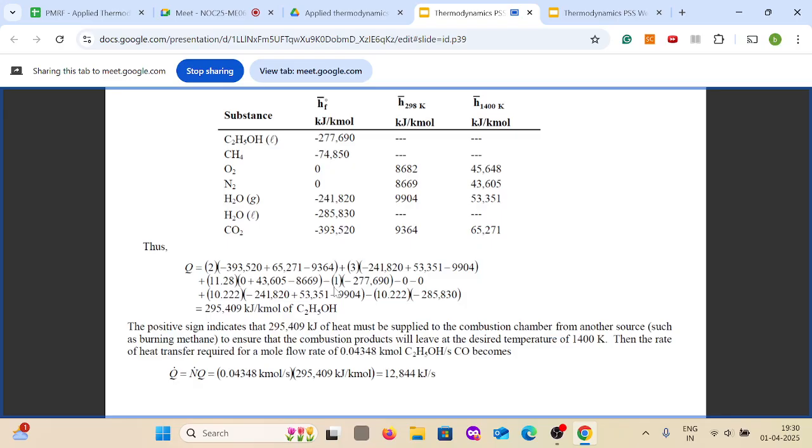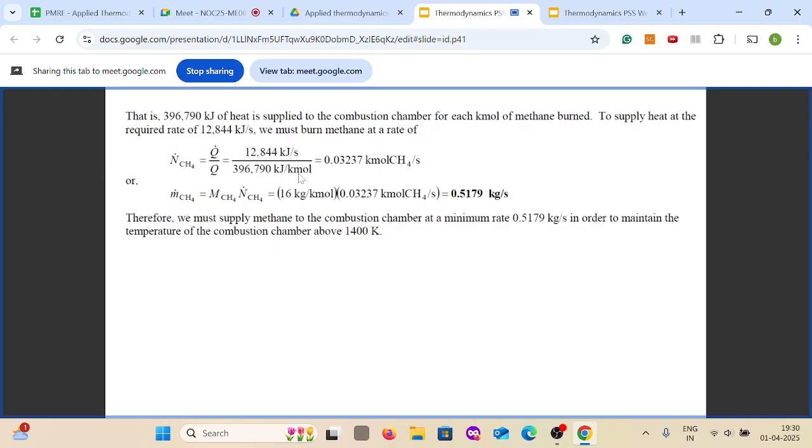You can consider 1 kilomole of ethanol contains 10.22 kilomoles of water. For this solution, you need to supply this much heat to maintain it at 1400 Kelvin, and that is being supplied by your methane. That's what this problem says.